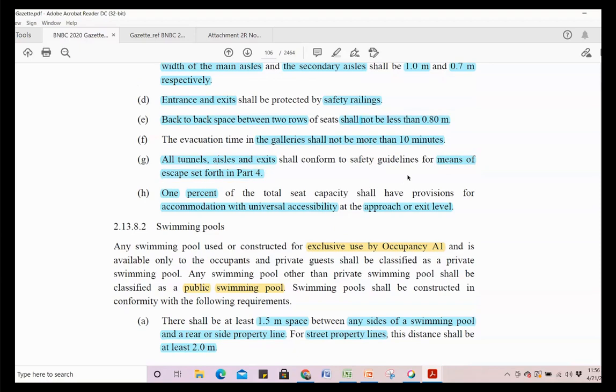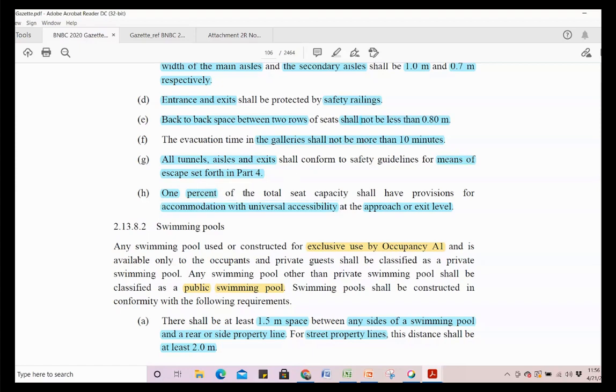And there was a question somewhere here: what is an egress? An egress is a means of escape, specifically meant for emergency situation. So 1% of the total seat capacity shall have provision for accommodation with universal accessibility.